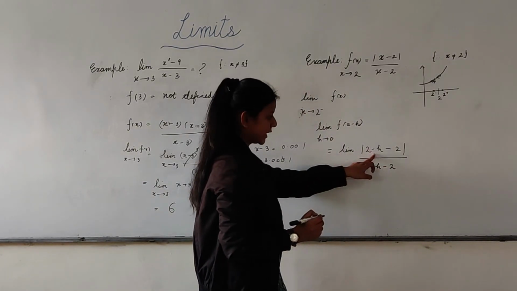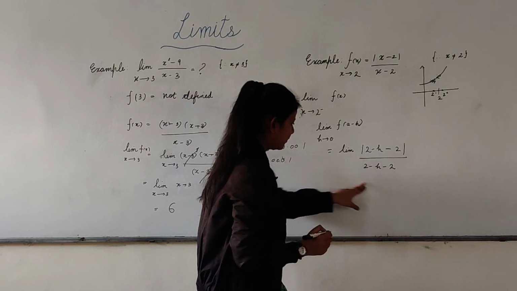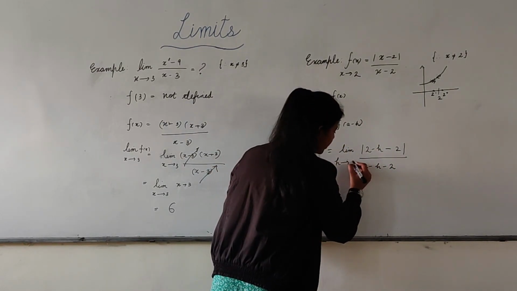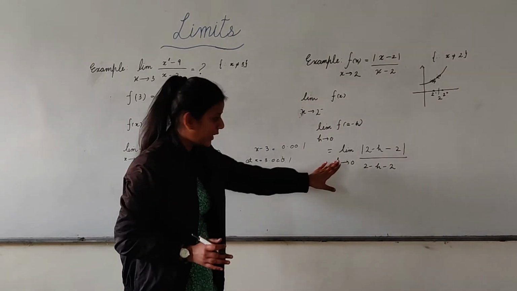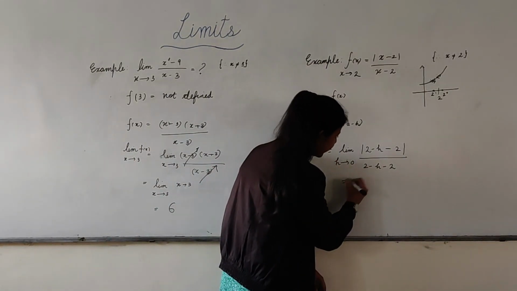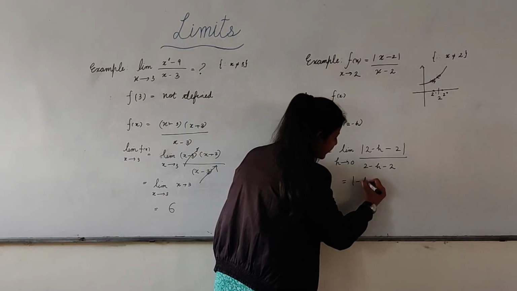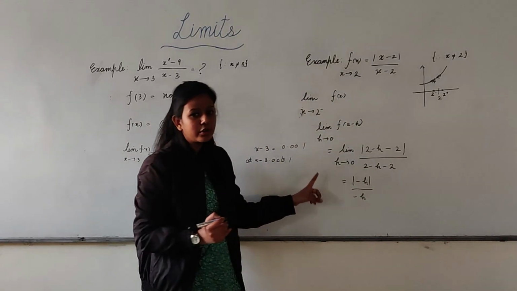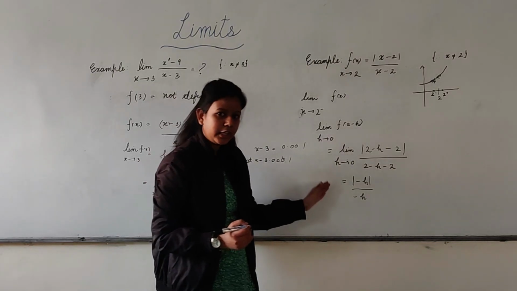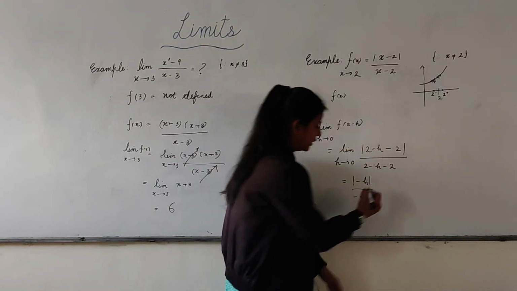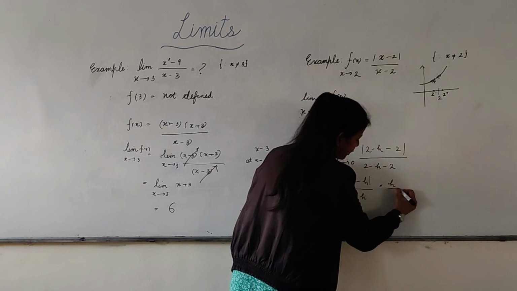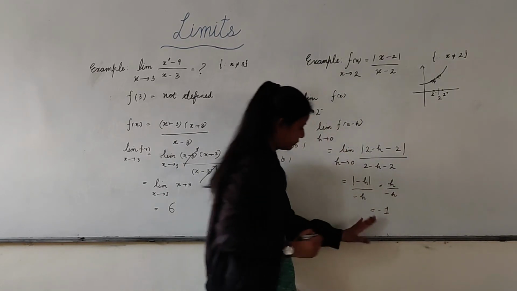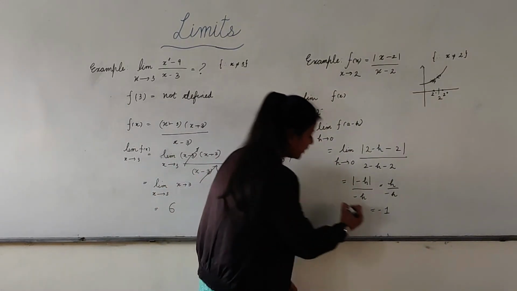Here we will be checking what whole value this approaches as h approaches 0. So we further calculate it, we get modulus of minus h upon minus h, as the modulus of a negative number is equal to the positive of that number. So we write h upon minus h, which equals minus 1. This is the value of LHL.